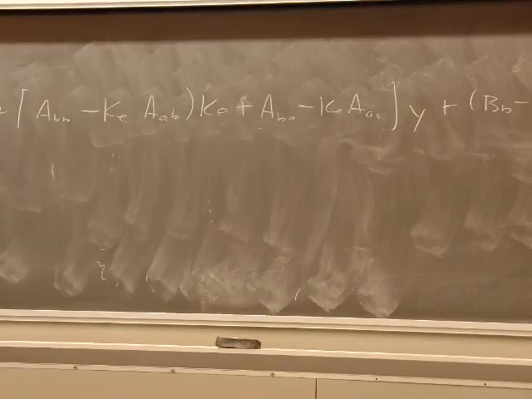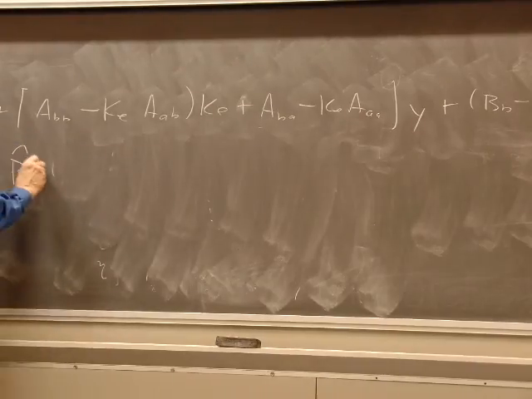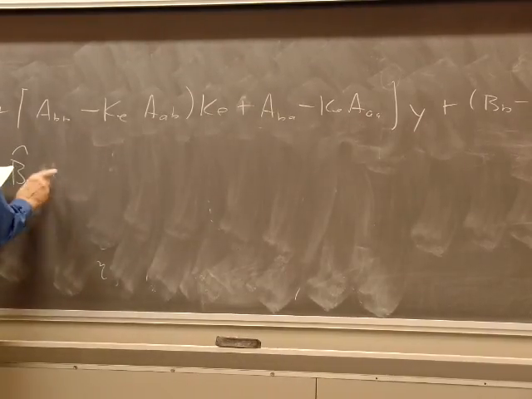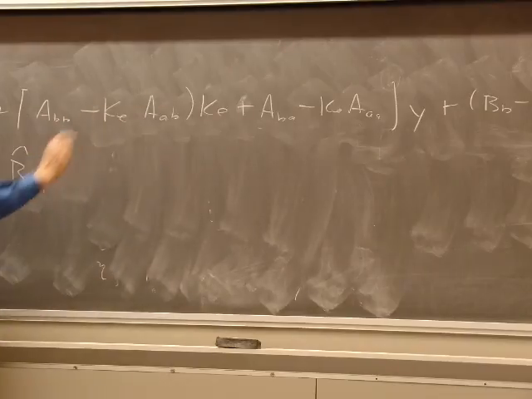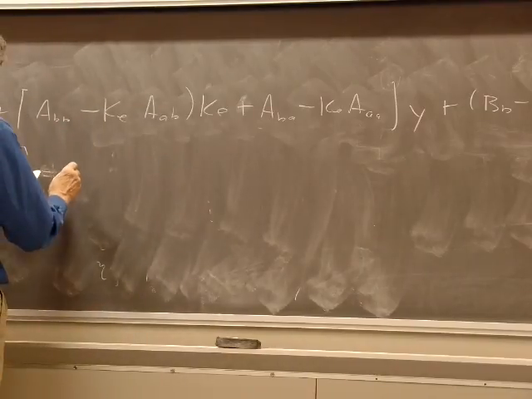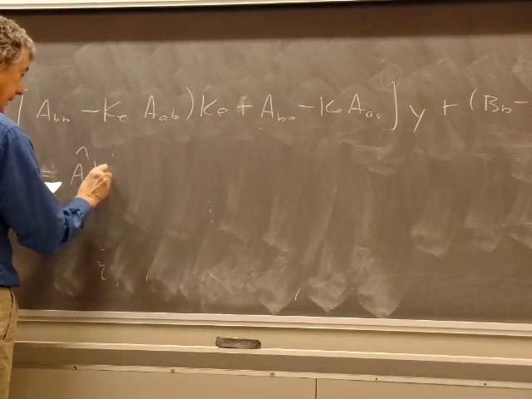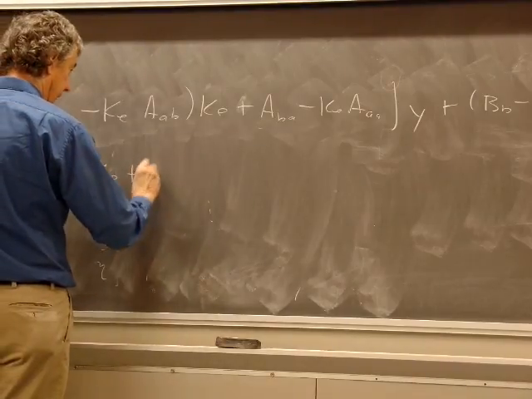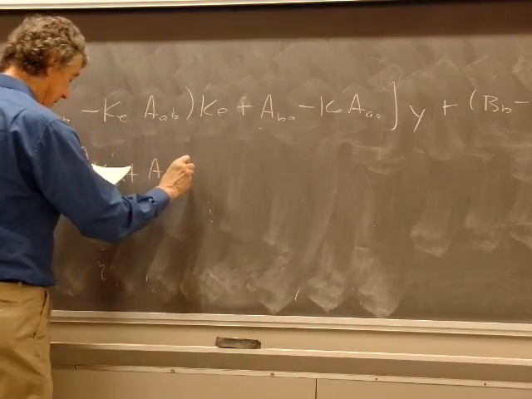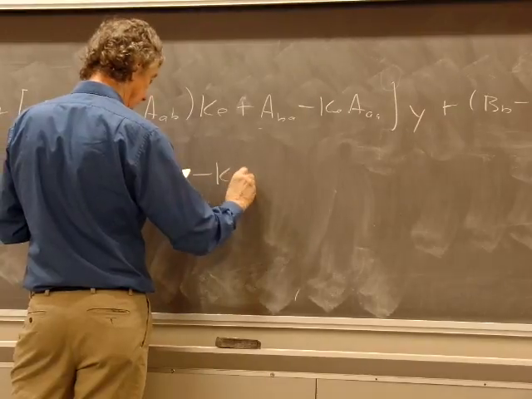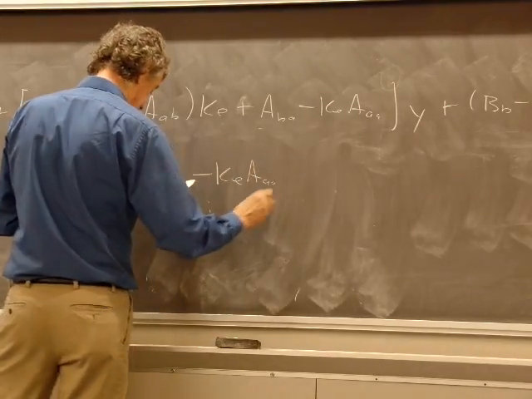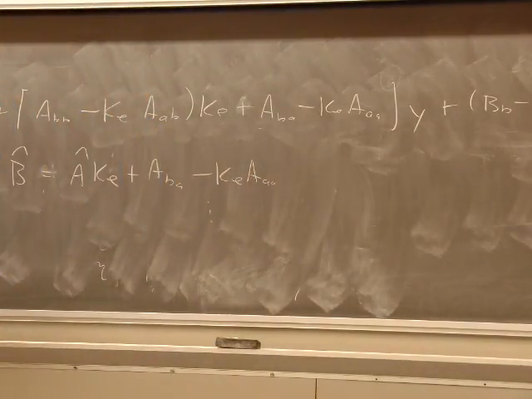Basically this part. Okay, I can do a matrix. There's a new B matrix. So I'll say that's combining all of the parts here. That's A hat Ke y plus A_ba minus Ke A_aa.